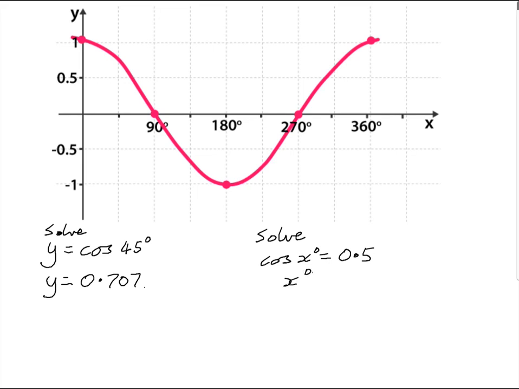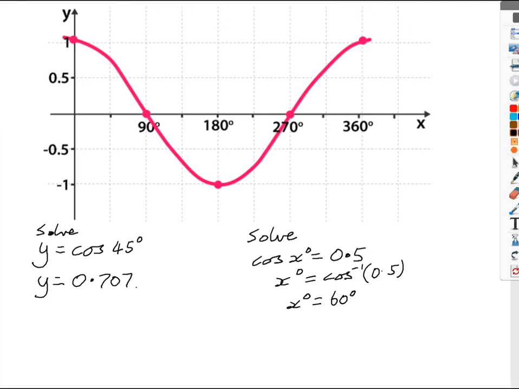To solve cos of x equals 0.5, we take our inverse cos of a half. When we do that, we get 60 degrees. But again, we have to think about the shape of our graph, and is that going to be the only solution we have?